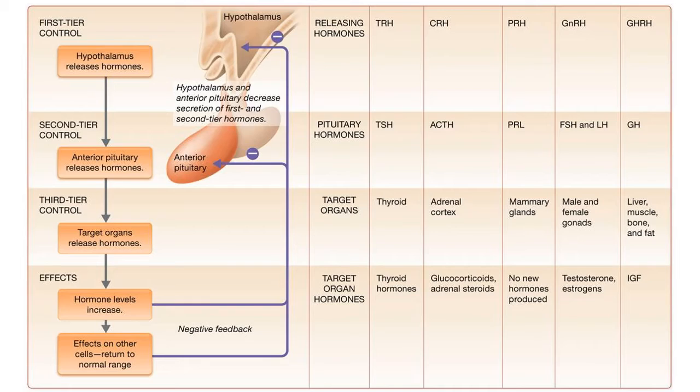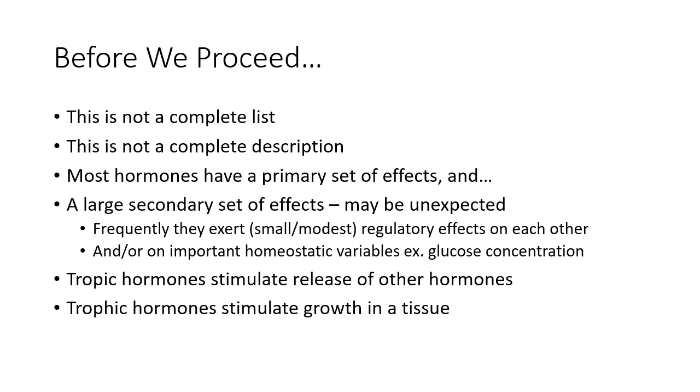This is the same thing again. Okay, so now we'll go through the specific hormones. Please bear in mind, this is not a complete list of all the hormones in your body, not even close. Actually, you have very, very many hormones in your body. We're only going to go over some of the most common and most important ones. Also, for each hormone that we talk about, we're not going to talk about all the effects that it has.